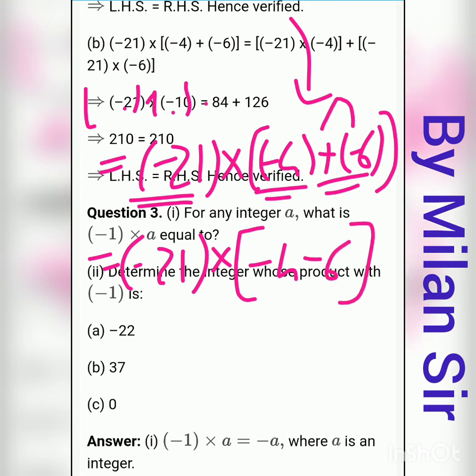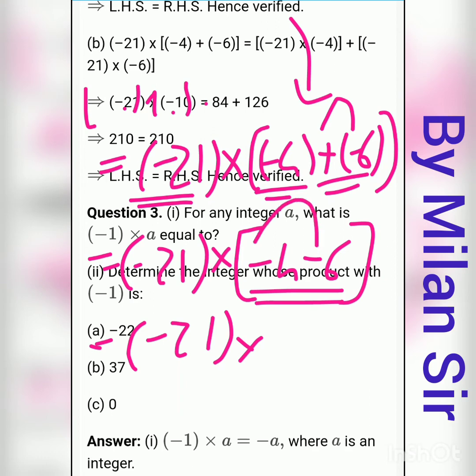Here we have two signs, so first of all we need to convert into a single sign, so minus 6. Now we need to solve this bracket. Again our minus 21 remains as it is. Here addition and subtraction is there, right? Minus 4 minus 6, so here minus minus plus, that means we need to use the addition process.